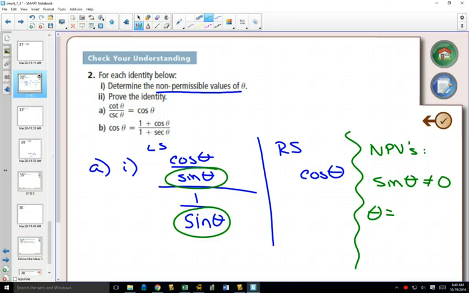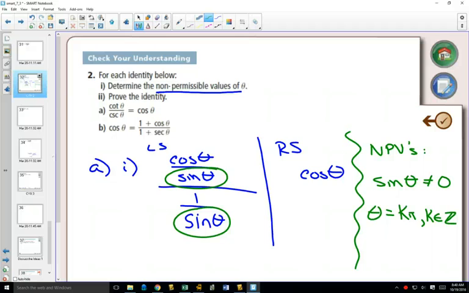Well, from our unit circle, we would have 0, pi, 2 pi. That would be the first time around. We'd also have 3 pi, 4 pi, 5 pi, 6 pi, all of those all the way around. Maybe you remember how to write all the zeros of sine, but they're all the multiples of pi.